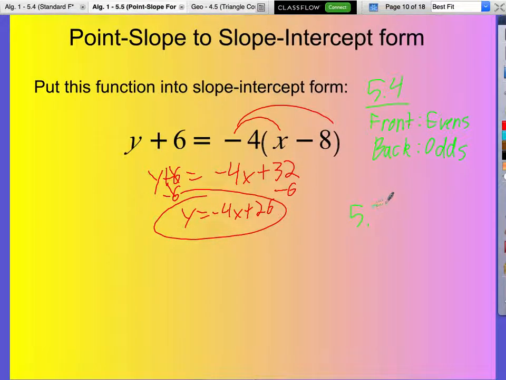And on this one, it says 5.7, it's really 5.5. I want you to not do number 9. Once you have that down, maybe just take a picture of this real quick. You guys may go.